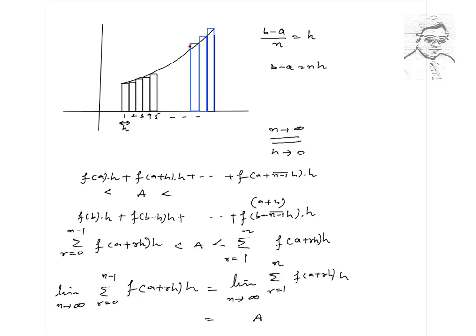So when we do this derivation, this is what happens: the sum from 0 to n minus 1 is less than the area, which is less than the sum from 1 to n.